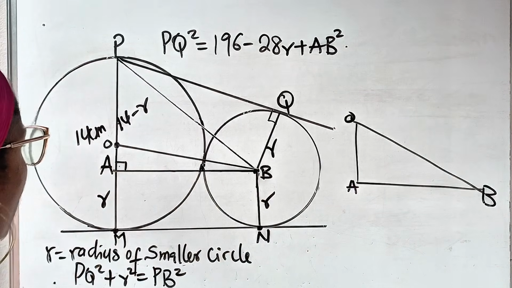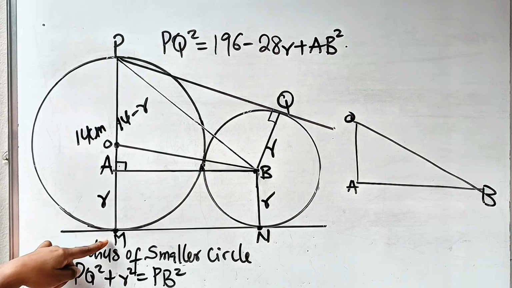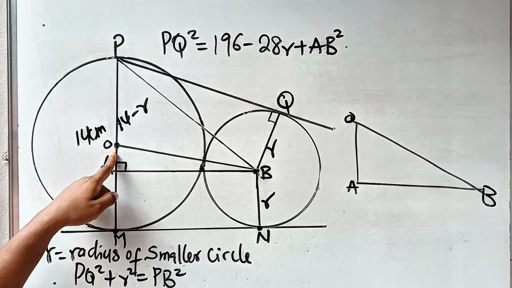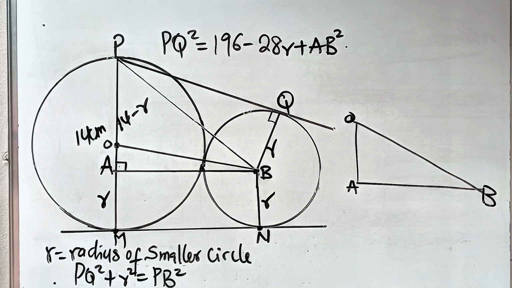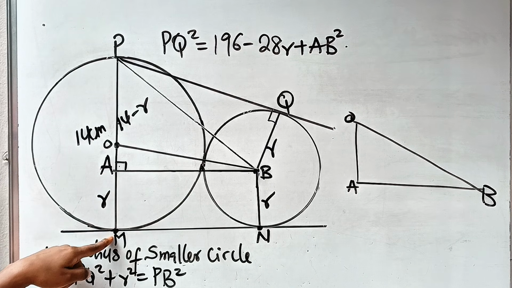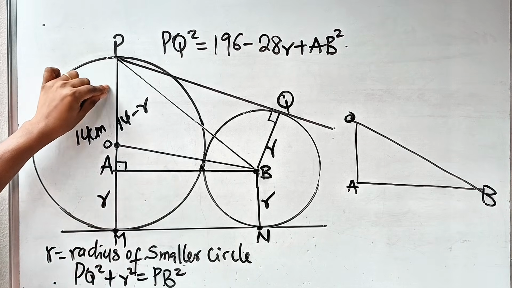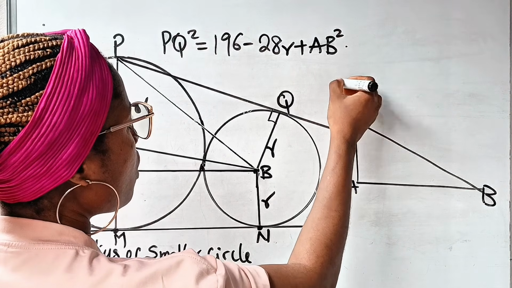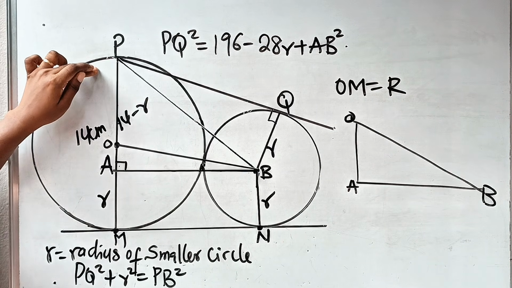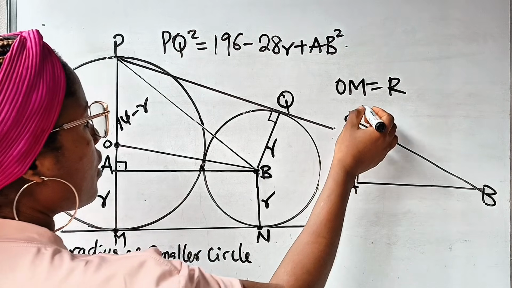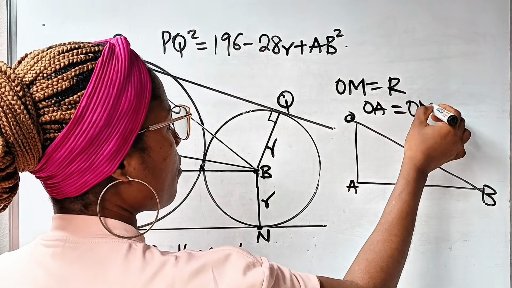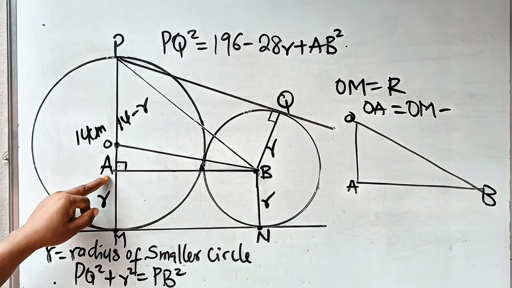Now, from O to M, let's do it this way. OM is the capital R, the radius of the bigger circle. So let's say OM is equal to capital R. Now, OA will be equal to OM minus AM.